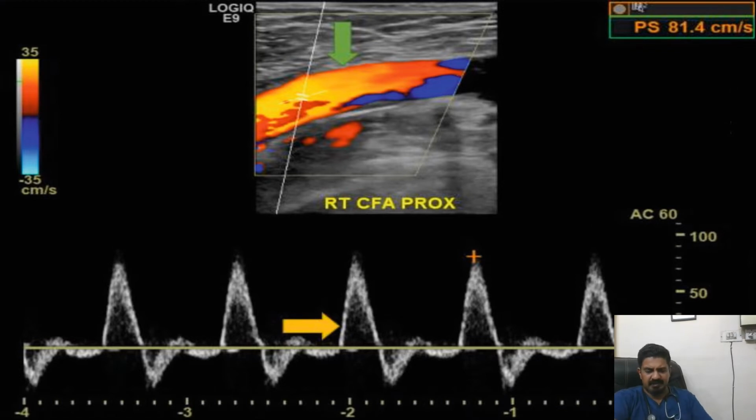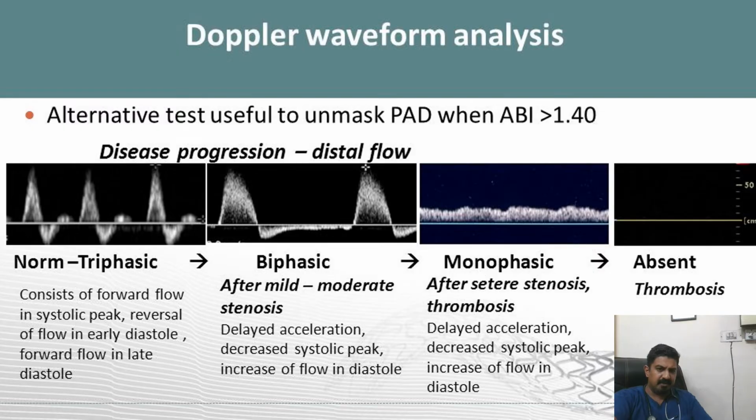This is a usual image from the Doppler scan, and this is a color Doppler scan. As you can see, the image is self-explanatory. So, alternative tests are used to unmask peripheral arterial disease. Now, the first figure is a normal triphasic scan, and it consists of forward flow in systolic peaks.